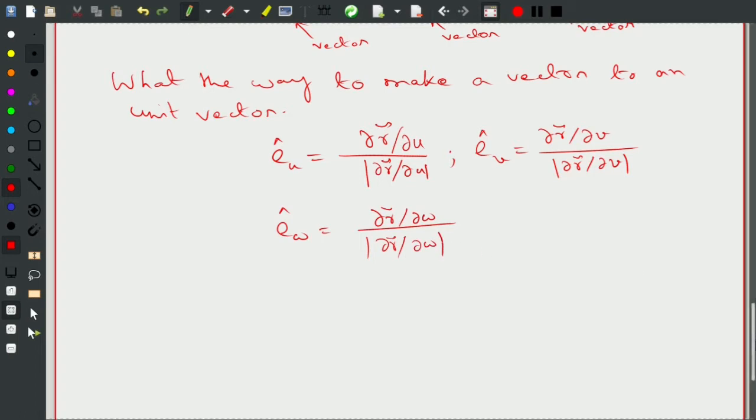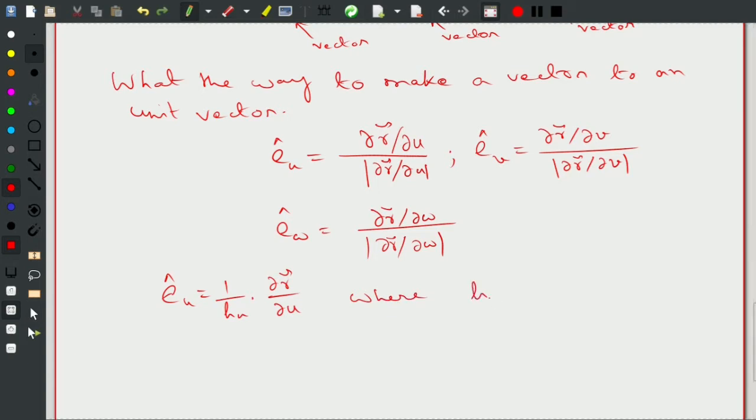Instead of representing this in this way, let's rewrite this equation. Let's rewrite e u cap, e v cap and e w cap as follows: e u cap equals 1 by h u of dou r vector by dou u, where h u is nothing but the modulus of dou r vector by dou u. So we are rewriting this unit vector in this form.